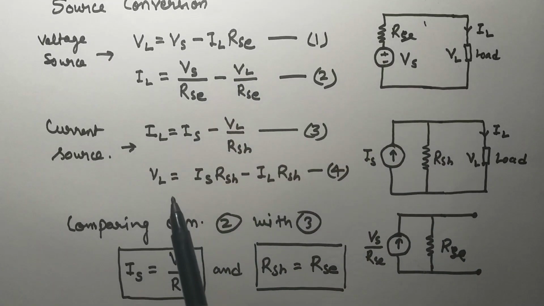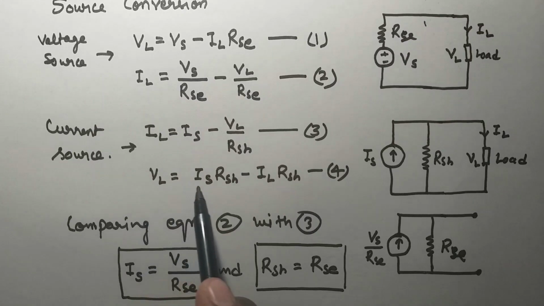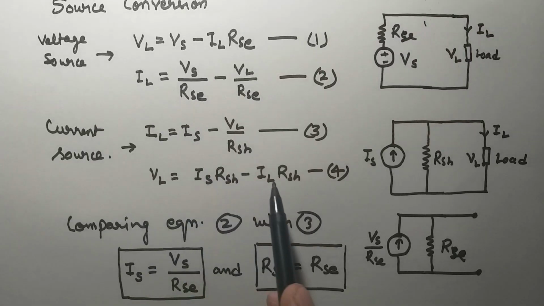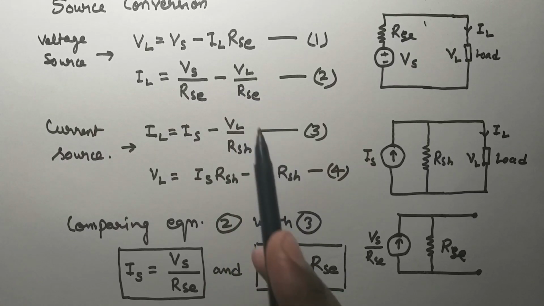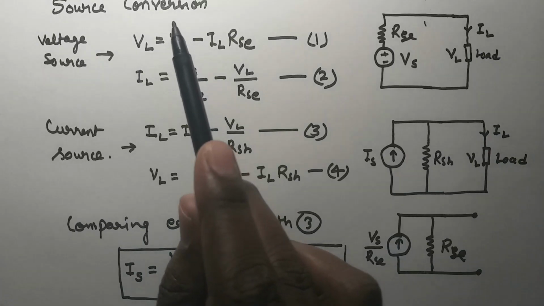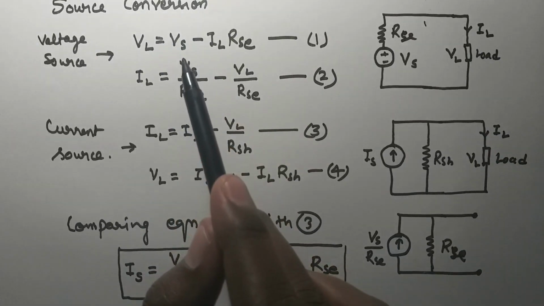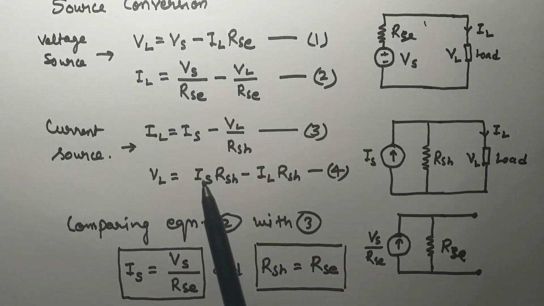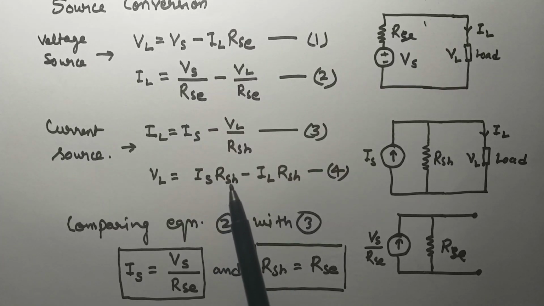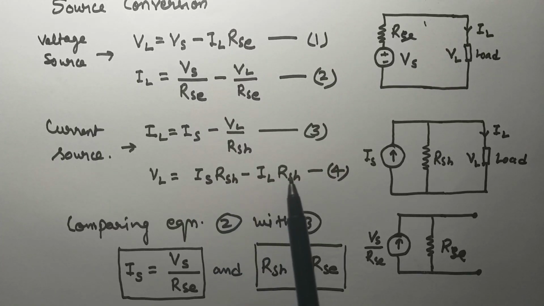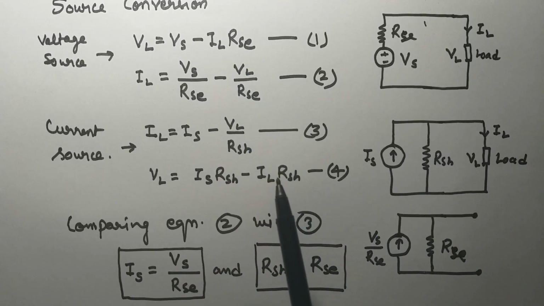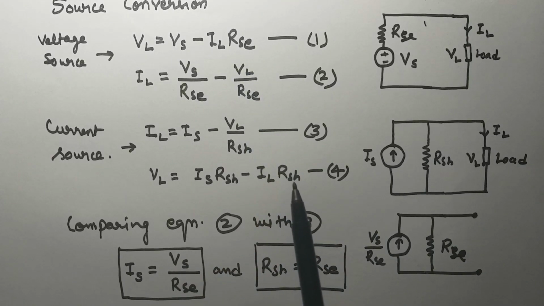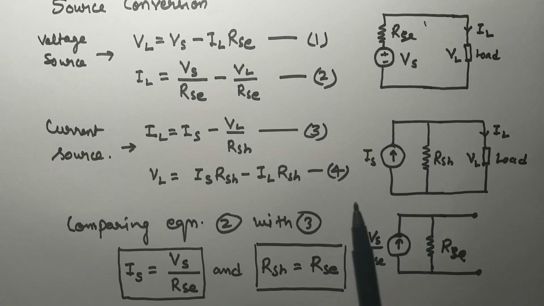So if this is the characteristic equation of a current source, and we have to convert this current source into an equivalent voltage source, then the value of that source voltage will be equal to Is into Rsh, and the value of the series resistance will be equal to Rsh, meaning the resistance in the shunt branch.